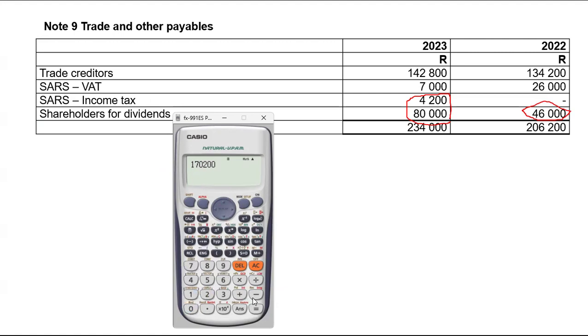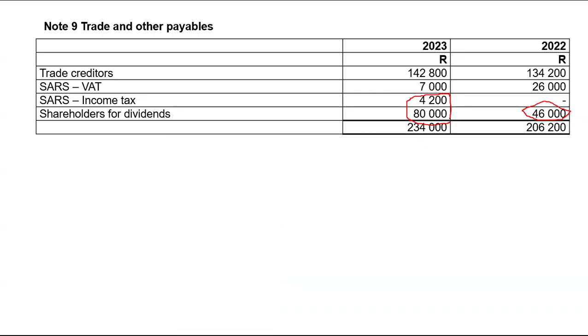It was 149,800, right? Yes, 149,800. So it's 170,200 minus 149,800. It'll give us a cash outflow of 20,400. Note that I only excluded SARS income tax and shareholders for dividends and nothing else.